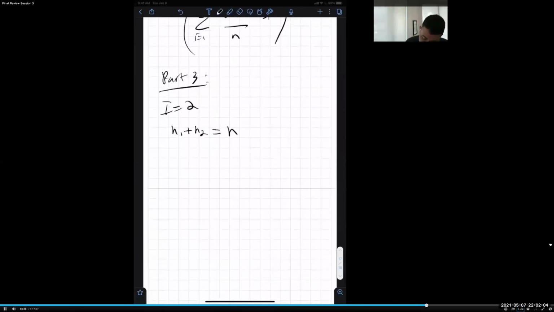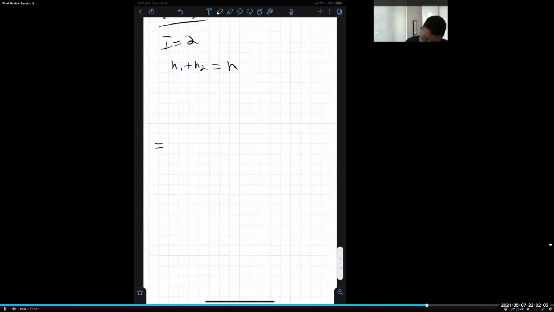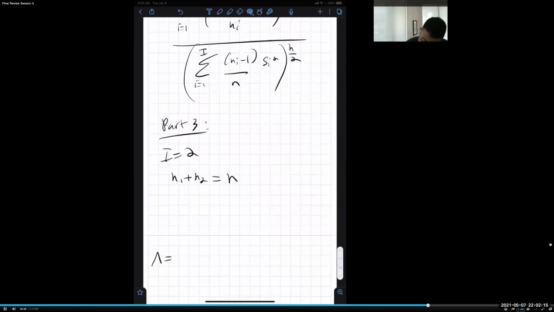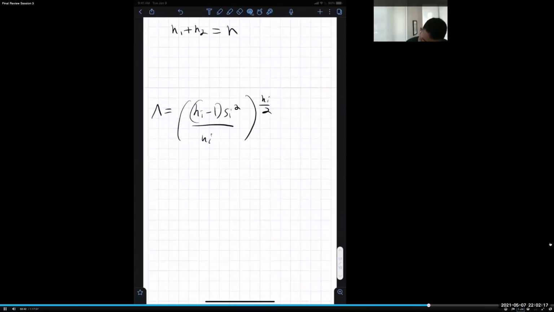So let's do that. Lambda in this case, again, is just going to be the product of two of these, so I'm just going to copy this. Another one of itself, except this is going to be n1, and this one is n2.